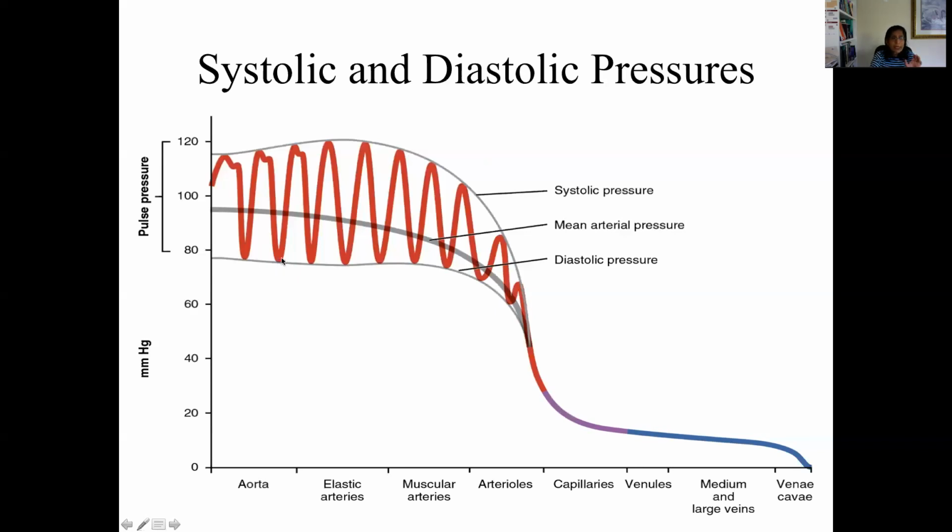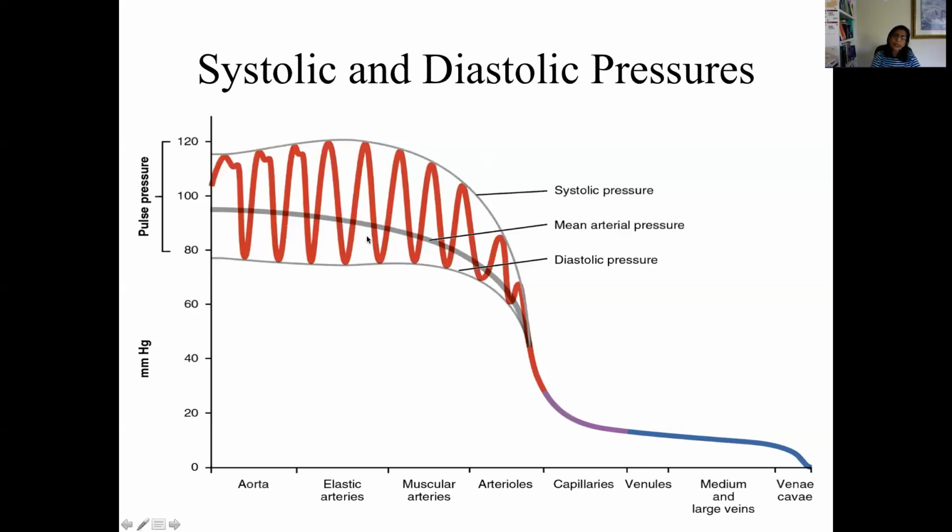Right? This can be measured for quite a distance within the artery, all the way up to the arterioles. Okay, you can see these waves of systolic and diastolic pressure. As you can see, it diminishes as blood moves further away. You won't be able to detect these swings as clearly as you would in the very first part of the arterial system.